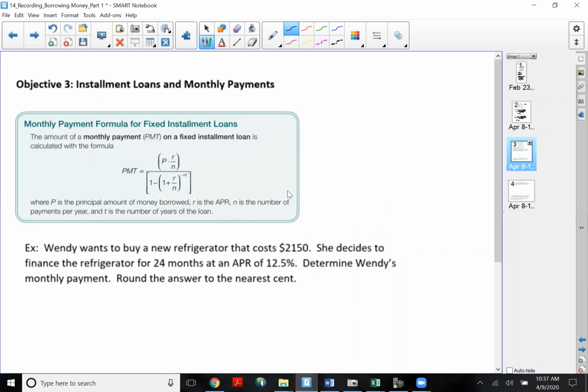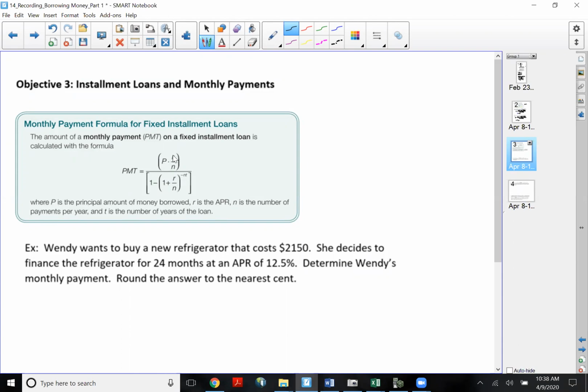So here I have another formula. This formula calculates the amount of monthly payments on an installment loan. The monthly payment, PMT, where capital P is the principal, the amount of money that we borrow.